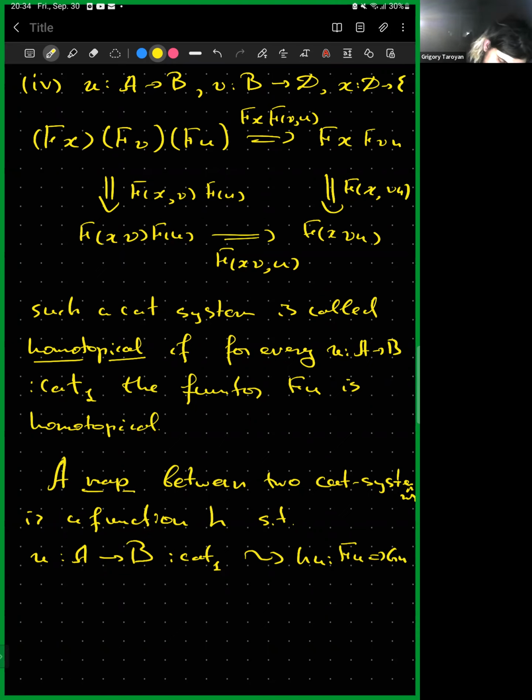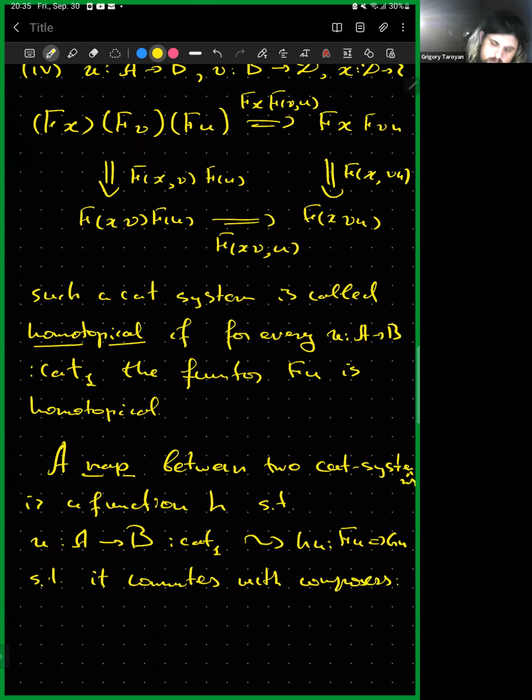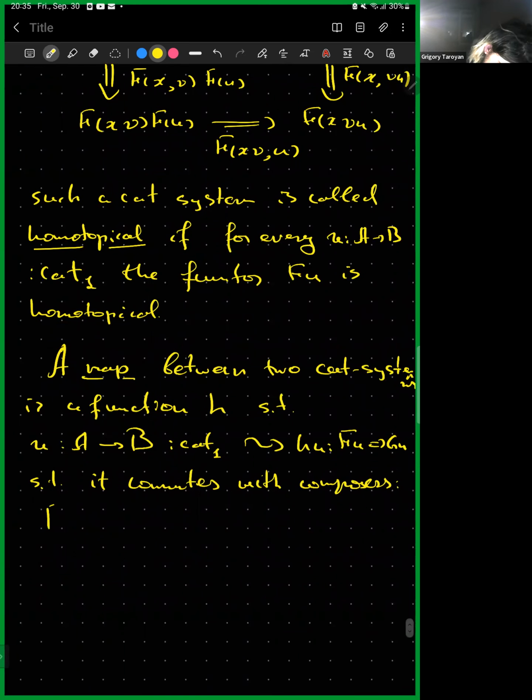And this natural transformation should commute with composers, which means that for a left cut system, we have a commutative diagram like this.